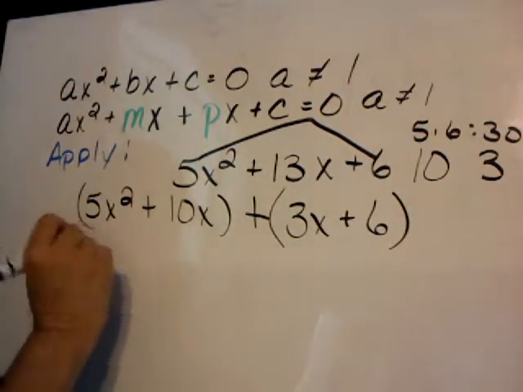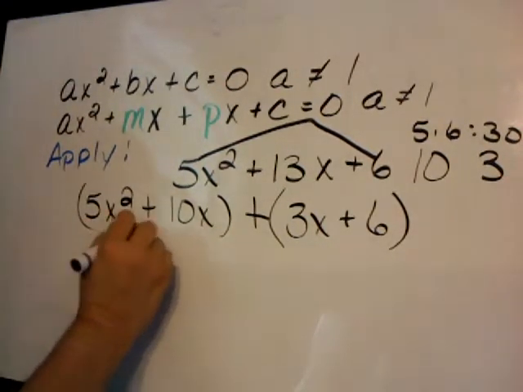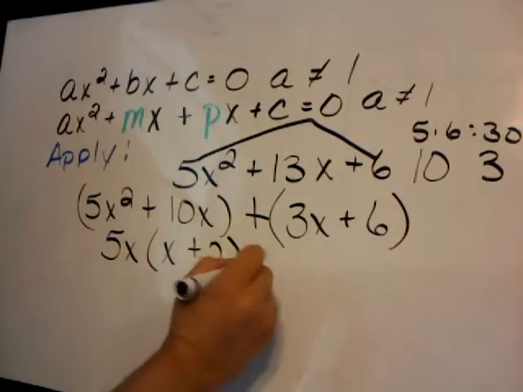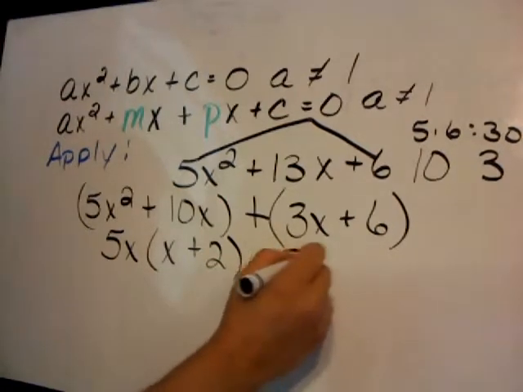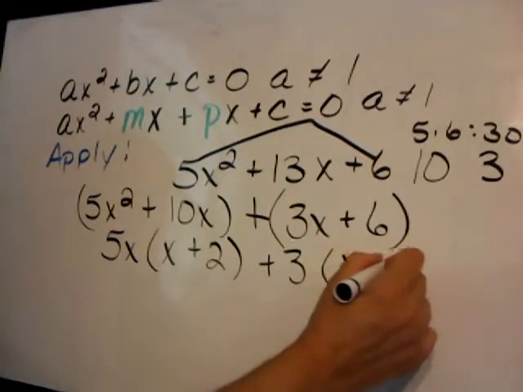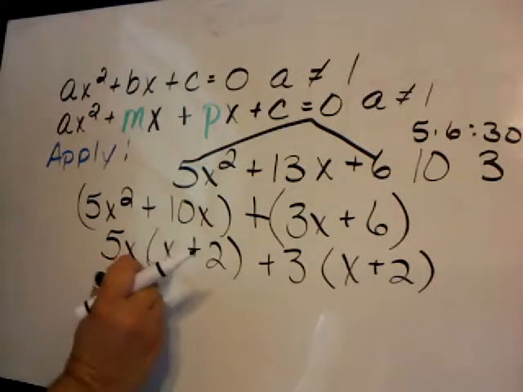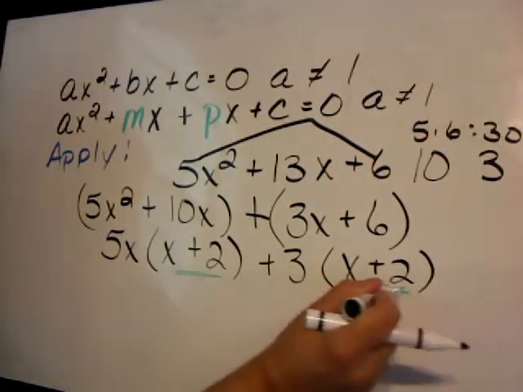Okay, make sure you're putting it in the right formula. I could take out a 5x here, leaving me with x plus 2. I can factor out a 3 here, leaving me with x plus 2. And again, this is what we are looking for. We want to find common factors.